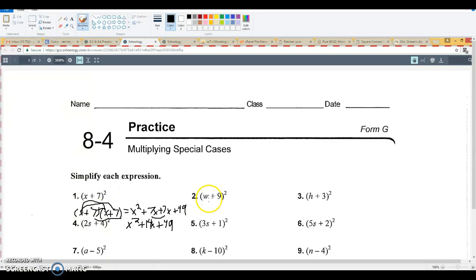So if we look at number 2, we can say square the first term, w squared, square the last term, 81, and then w times 9 is 9w, 9 times 2 is 18, so we have in the middle 18w.